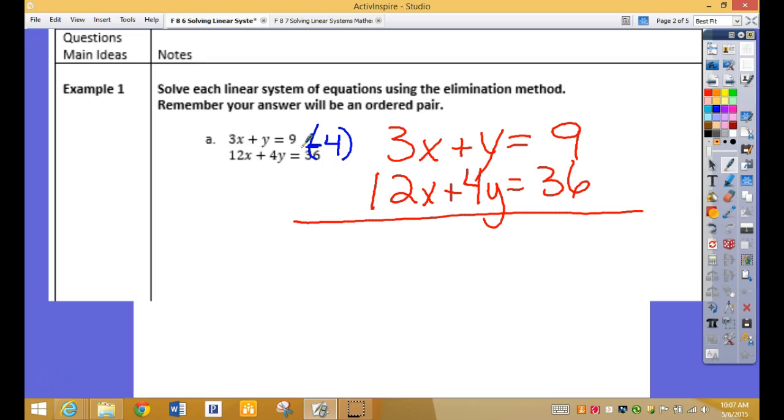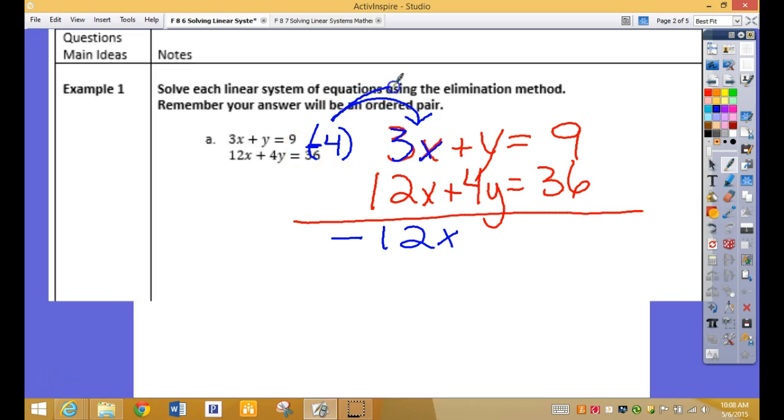So let's multiply everything in that first equation times a negative 4. So we have to take a negative 4 times the first term, which is 3x. What is a negative 4 times 3x? A negative 12x. Now we don't just do one term, we have to multiply every single term in the equation.